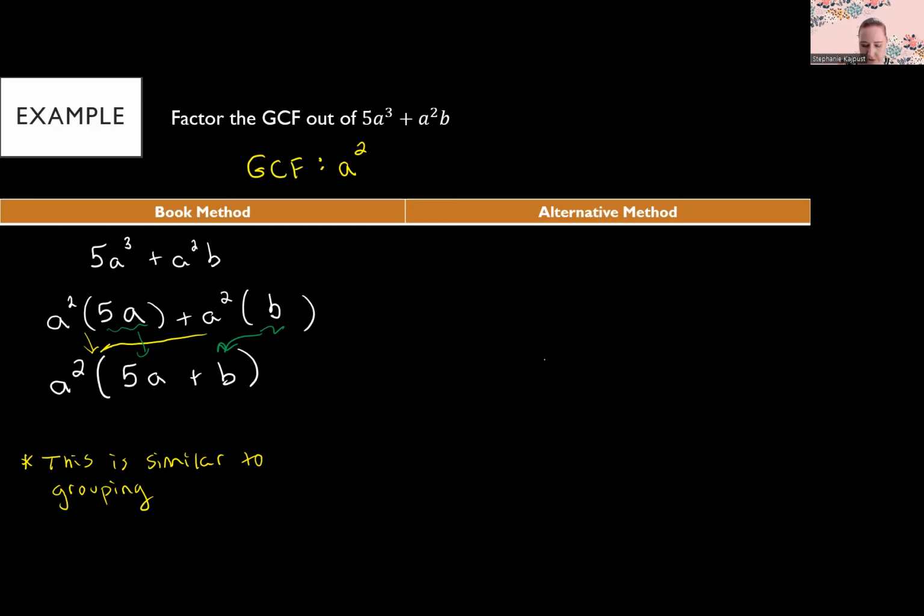So doing the same problem with the alternative method, we have 5a cubed plus a squared b. I write my greatest common factor in front, a squared, and then I divide each of these by that greatest common factor.